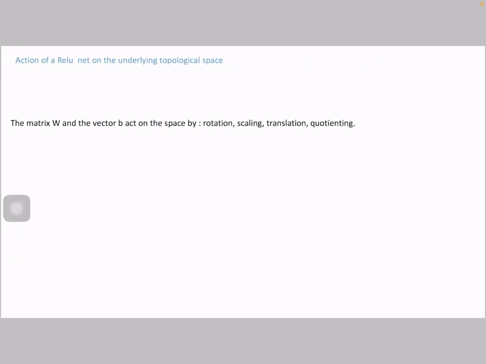So we saw the role of the ReLU activation function on the input space. The other role, which is the role of the matrix, is well known and well understood. The matrix W acts on the space by rotation, scaling, translation, and sometimes it also quotients some part of the space. So these are the possible actions for the matrix W on the input space.